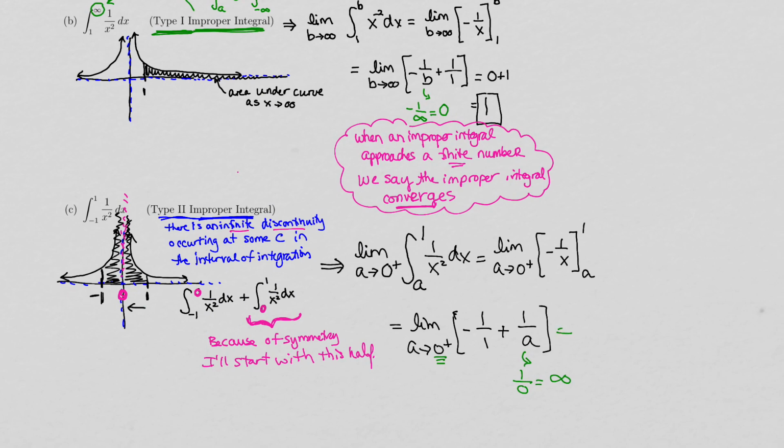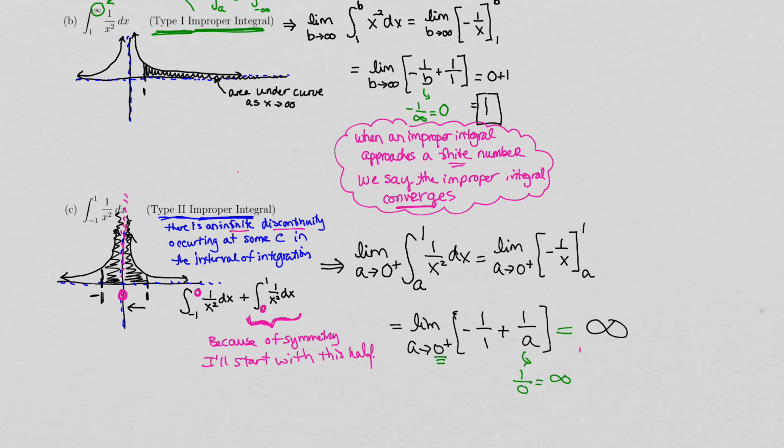Okay, so what does that mean about this limit? This limit then goes technically to infinity, which we learned in Calc 1, we say doesn't really exist, or is an infinite limit. If your improper integral winds up and approaches infinity or negative infinity, then we say that the improper integral diverges.